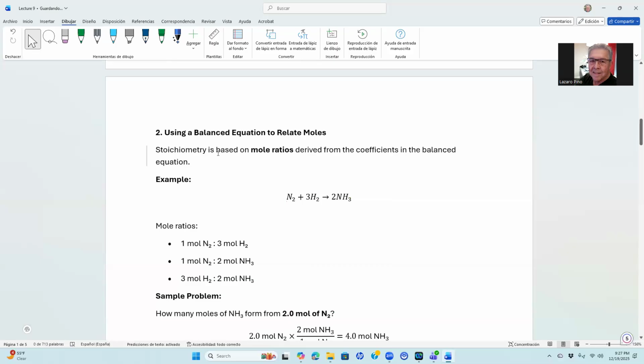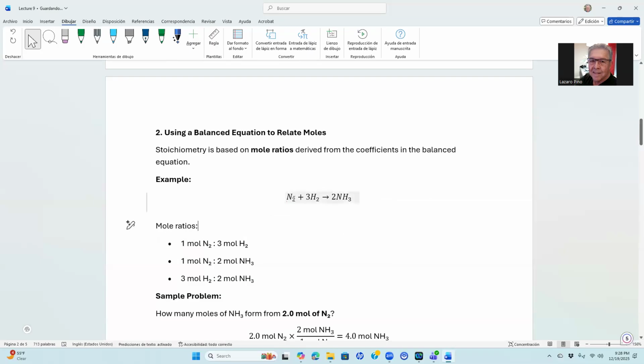Let's see. We are going to use this equation that is already balanced. And you know that 1 mole of dinitrogen reacts with 3 moles of dihydrogen.